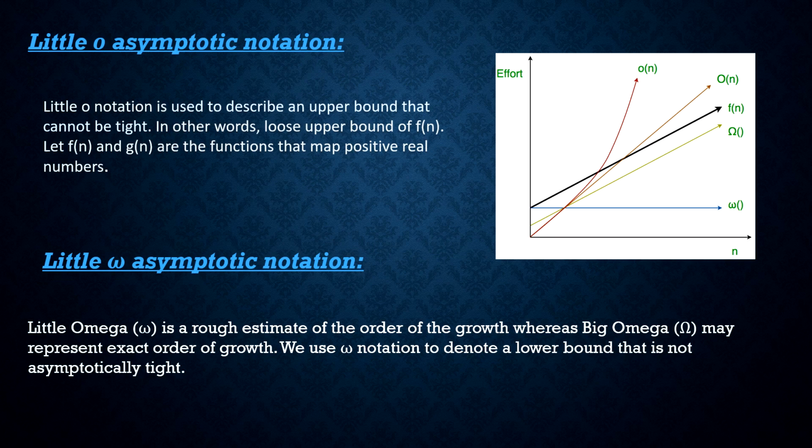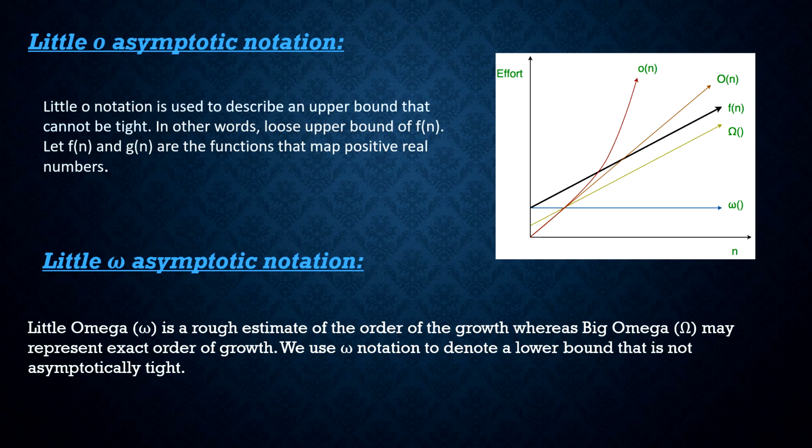Basically, these are the two other types of asymptotic notation: little o and little omega asymptotic notation. Little o notation is used to describe an upper bound that cannot be tight, in other words a loose upper bound of a function.